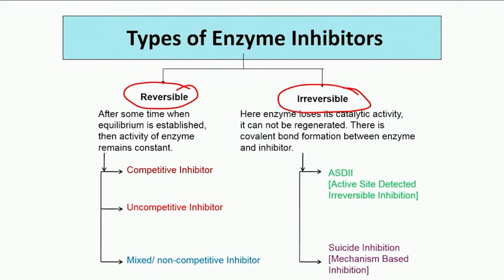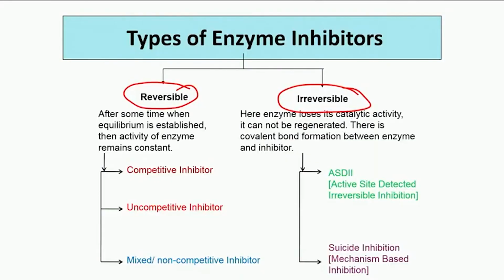But reversible means if you can remove the inhibitor again, the enzyme will regain its full activity. That means the reactivity of the enzyme, which is being perturbed by the molecule, you can again get back, provided you remove the inhibitor.